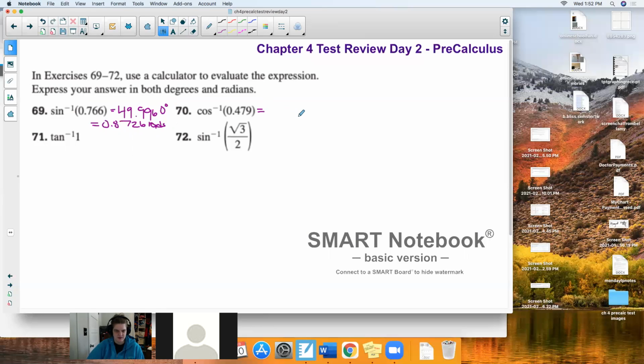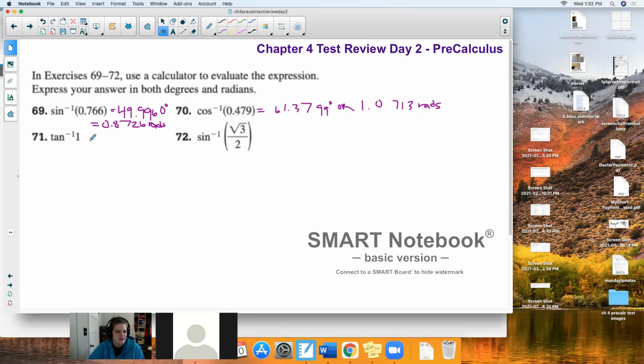Then this next one, cosine inverse in degree mode, of 0.479 is 61.3799 degrees, or if we change our mode, we're going to get 1.0713 rads.